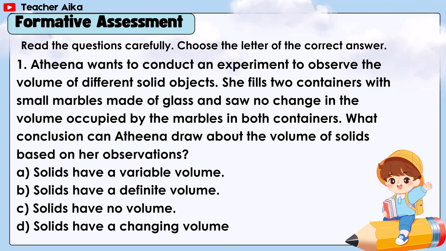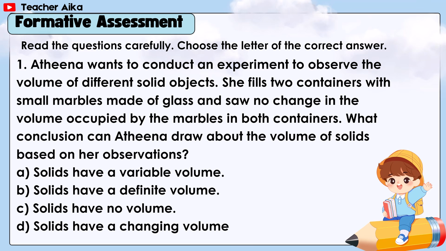Number 1. Athena wants to conduct an experiment to observe the volume of different solid objects. She fills 2 containers with small marbles made of glass and saw no change in the volume occupied by the marbles in both containers.